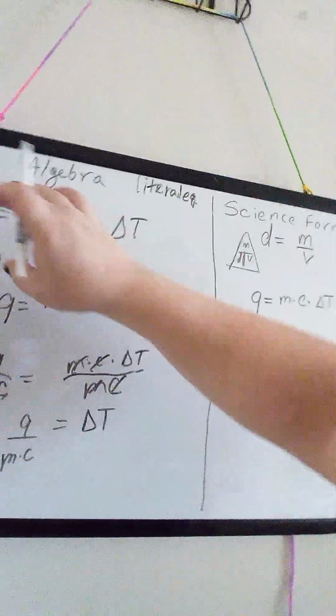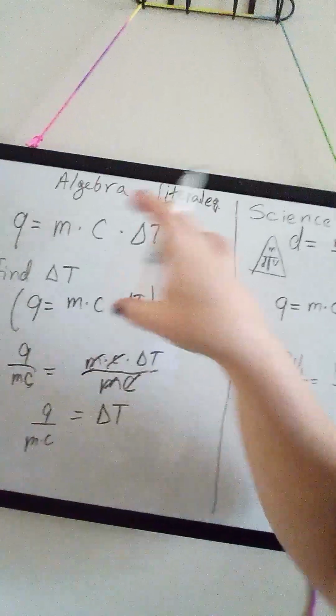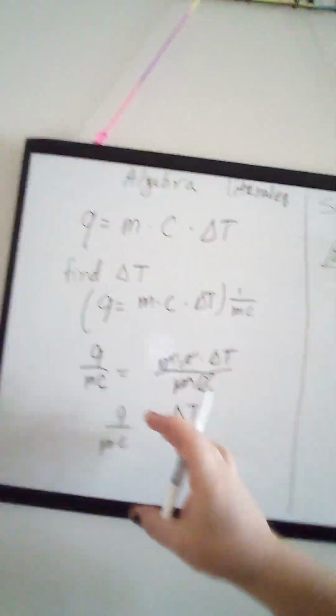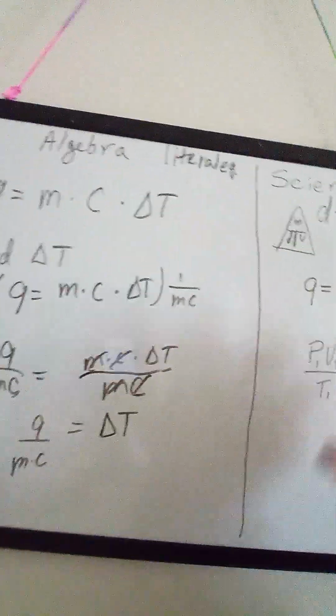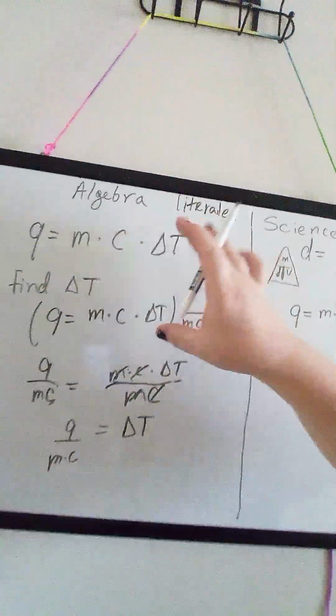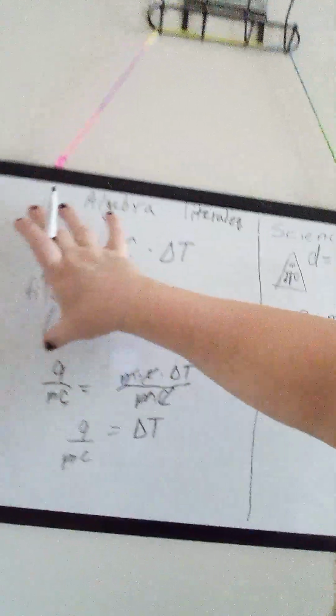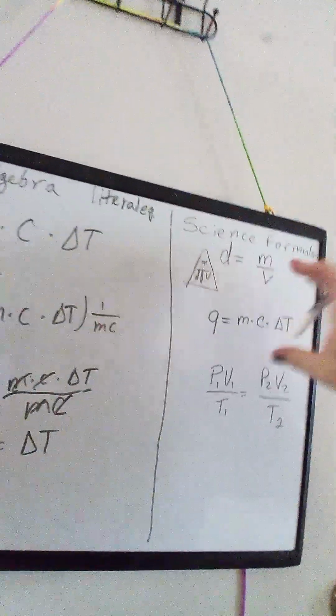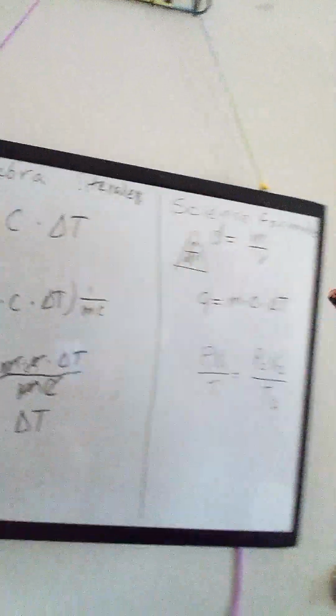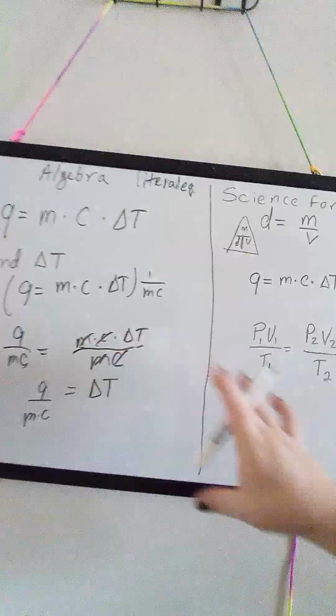But what I'm doing is rearranging this using concepts from algebra, and this is valid to do for formulas in science. So if you know how to solve equations in algebra, you can extrapolate that to isolate variables in science formulas, because it's the same concept.